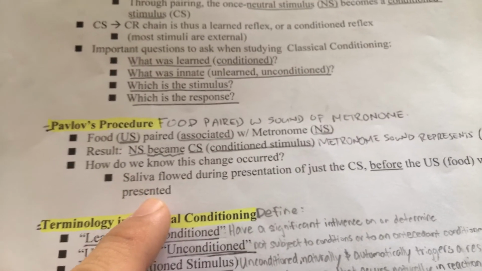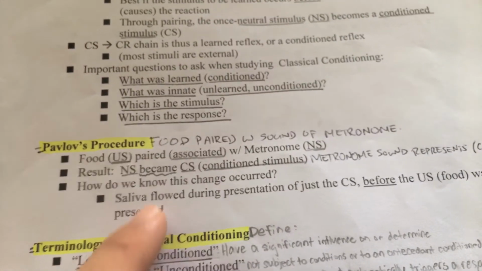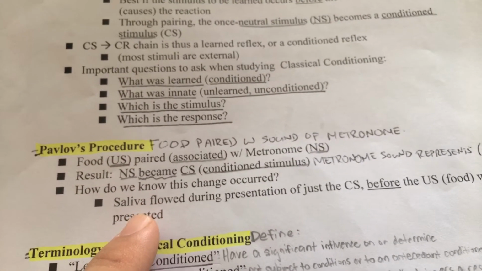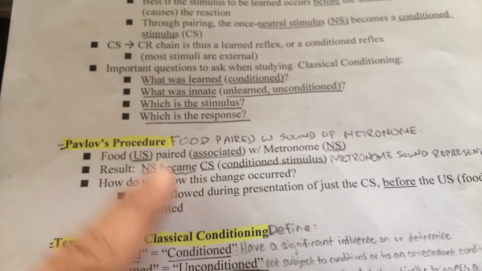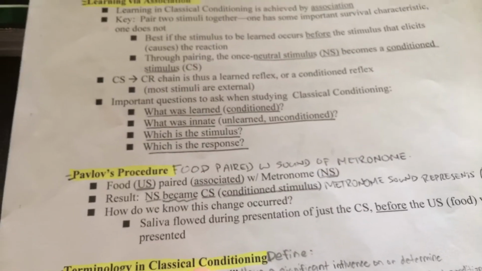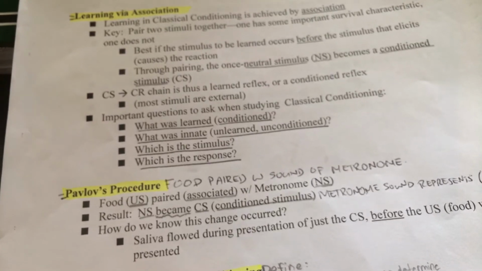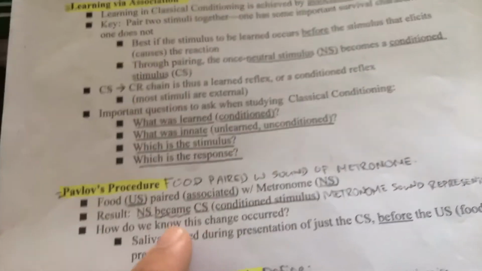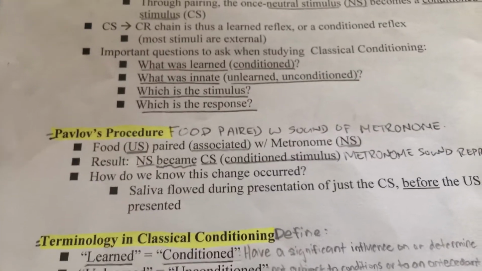So, the food needs to be paired with an associated sound of the metronome. The result is the neutral stimulus becomes the conditioned stimulus. The metronome basically sounds the representation, and it presents the conditioned stimulus. So NS becomes CS. How do we know this change occurred?